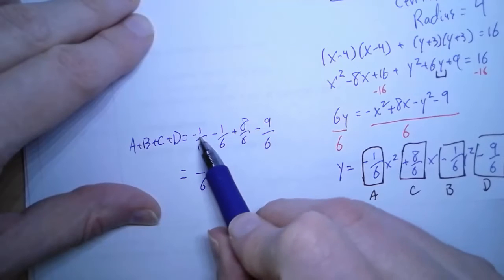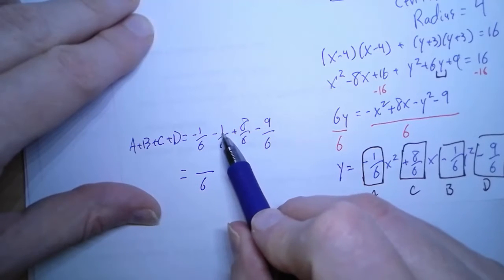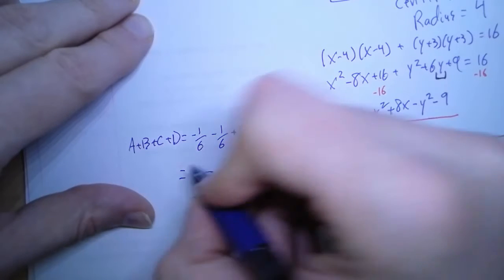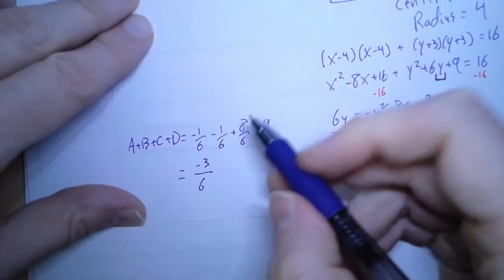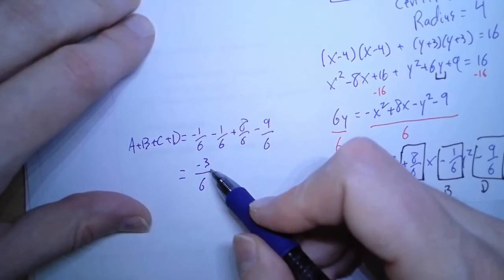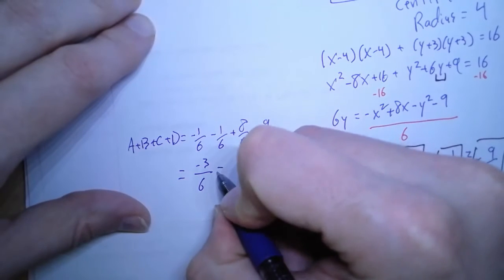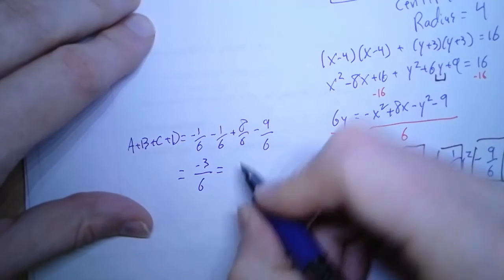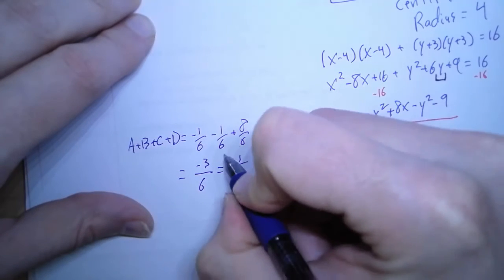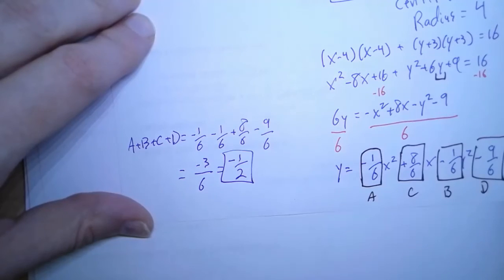So negative 1 minus 1 is negative 2, plus 8 is 6. 6 minus 9 is negative 3. So that's the value of our quantity. But in the contest manual, all our answers have to be reduced. So negative 3/6 reduces to negative 1/2. So there's our answer, and we're done.